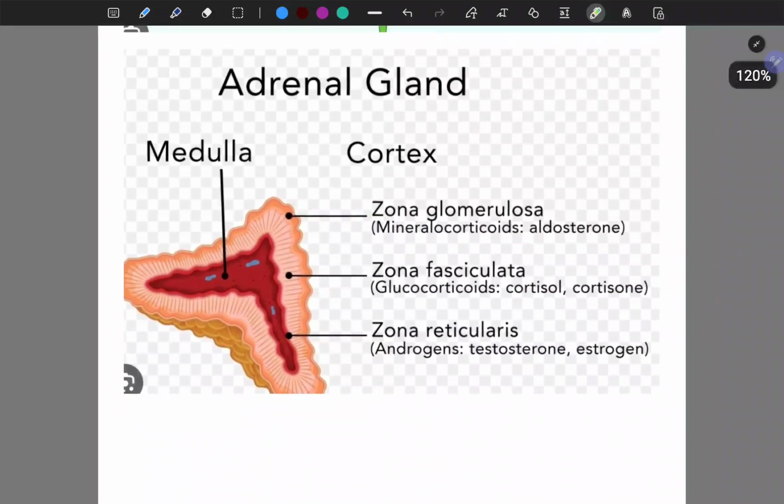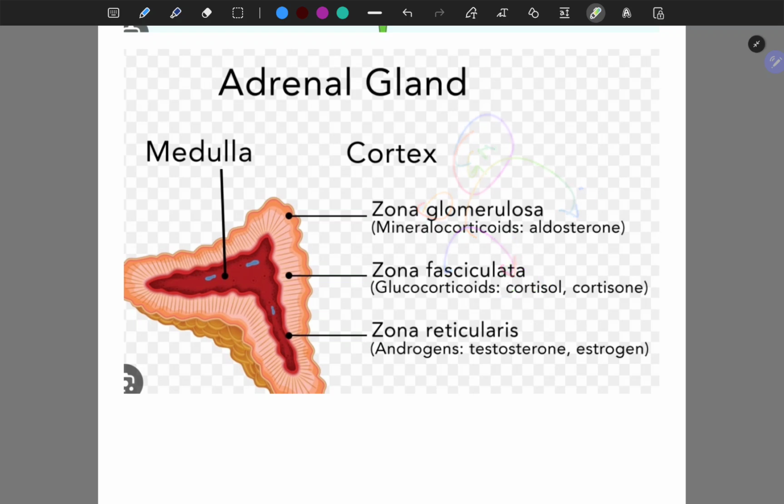Adrenal gland anatomy. The adrenal gland is divided into cortex and medulla. The cortex is divided into three important zones, from outer to inner, GFR: zona glomerulosa, fasciculata, reticularis. Reticularis, androgens, testosterone, estrogen. Glomerulosa, GEM, mineralocorticoid, aldosterone.